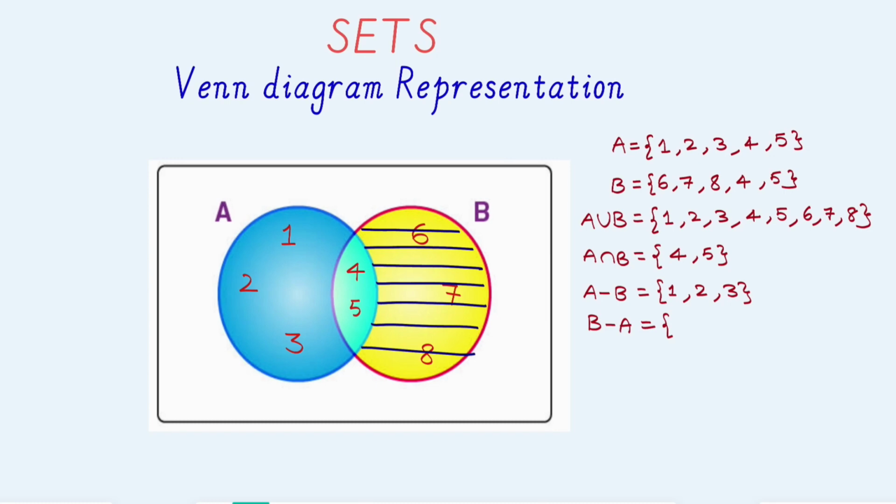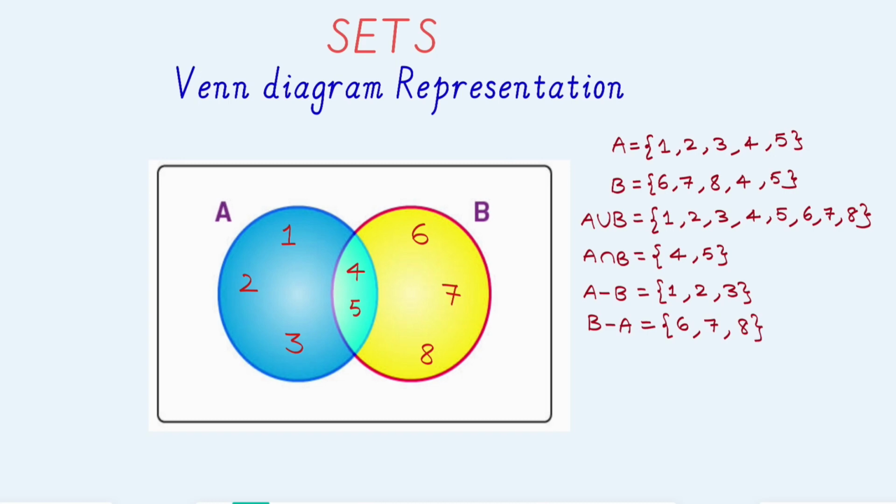Only the elements present in this region will be taken as B minus A. So here what will come? Only 6, 7, 8. These are B minus A. So A union B, A intersection B, A minus B, B minus A are very important operations. By using Venn diagrams, we can collect the elements of these sets in this way.